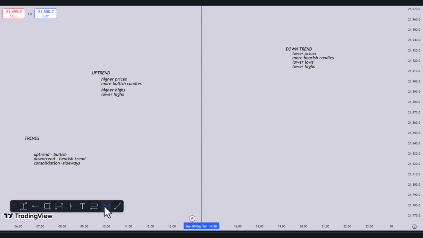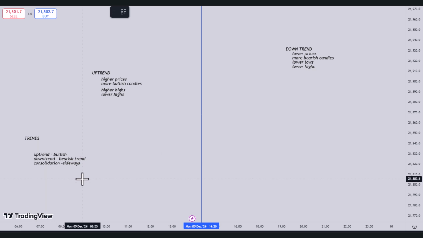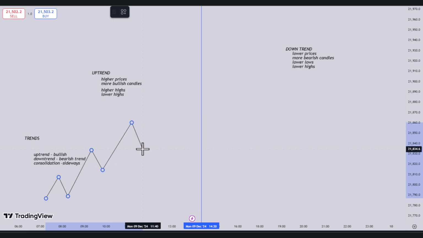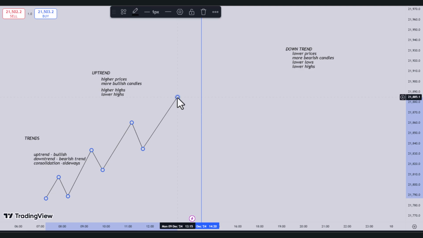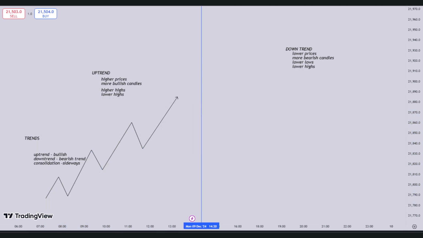So let's just have a visual illustration of it. For a bullish trend, that's our bullish trend. Start from here, come here, go up here: main trend, retracement, main trend, retracement, main trend, until the level of price rejection.